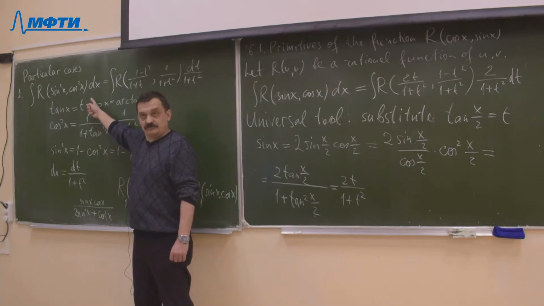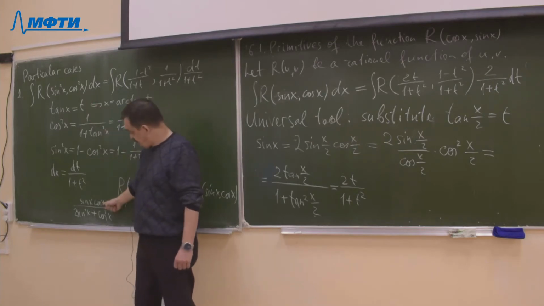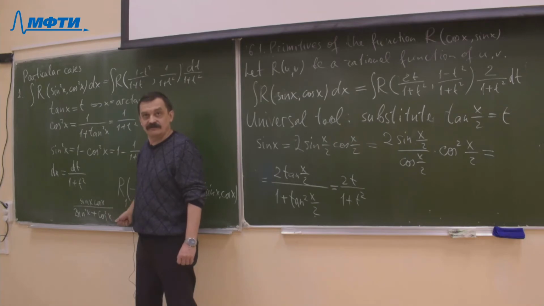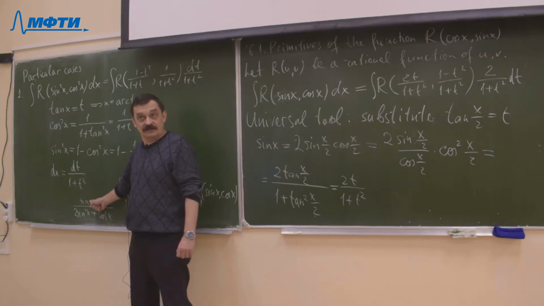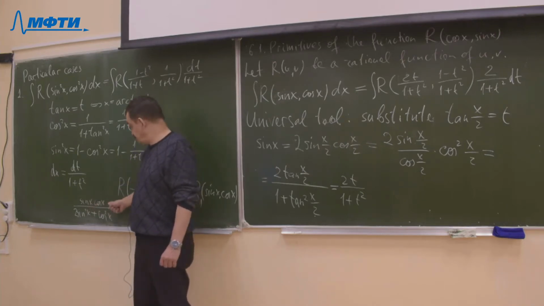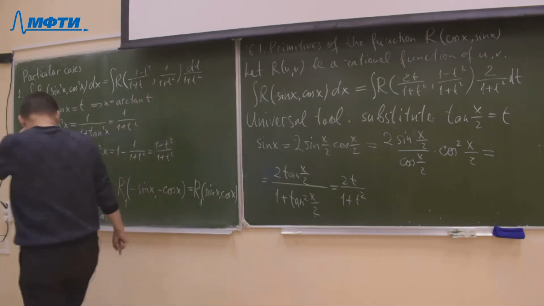You don't see immediately that this is a rational function of this form. But that's true. Why? Divide both numerator and denominator by cosine squared. Then what happens with the numerator? You have tan x only, after division.